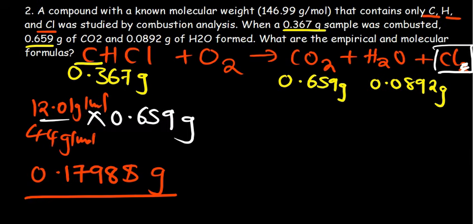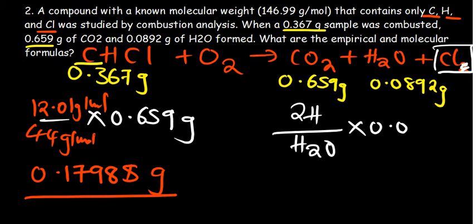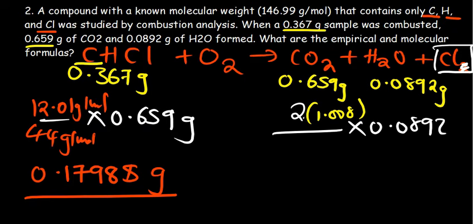We'll go to water now. For water, we have 2 hydrogen atoms, and then we have water itself multiplied by the mass. So quickly, we'll just substitute. We know hydrogen is 1.008 from our periodic table. And then water itself is 18 grams per mole.